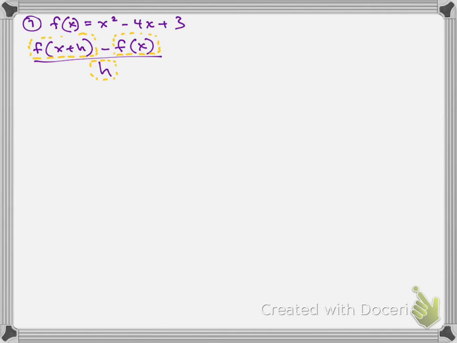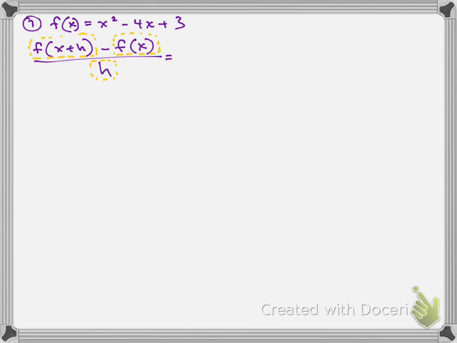This difference quotient is the slope of the secant line of that function, or the average rate of change between 2 points on the graph of f of x, which in this case is a parabola, x squared minus 4x plus 3. So just rewinding and giving a little context.